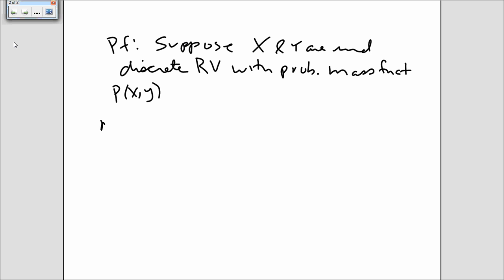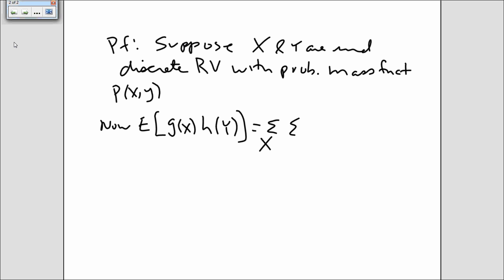Okay? So what is the expected value of g of X times h of Y? Well, integral becomes summation. It's the double summation over x and y of g of X times h of Y times the probability mass function p of xy.